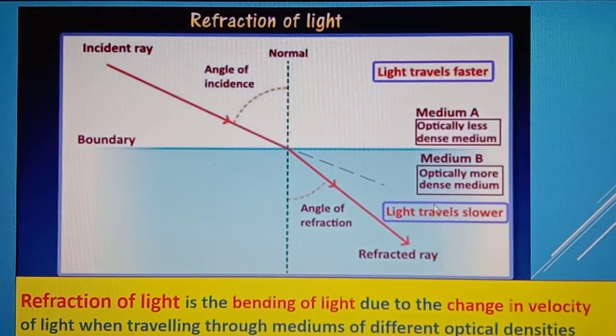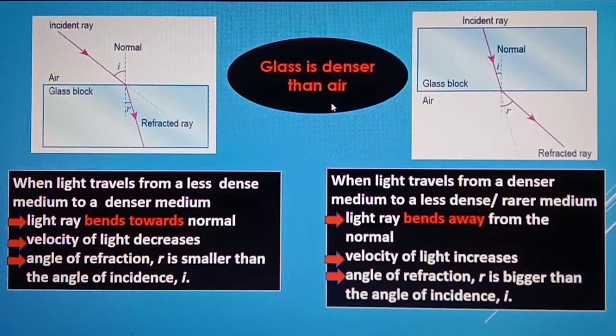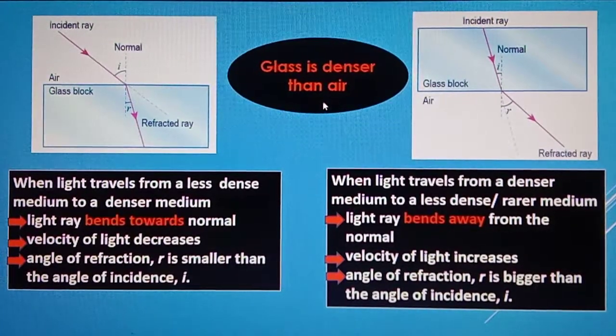Okay, now let's discuss further. What actually happens to the light ray when it travels from less dense to denser or denser to less dense? In this case, we have air and a glass block. You must understand this concept, I think you all know that glass is denser than air, meaning the density of glass is higher than the density of air.